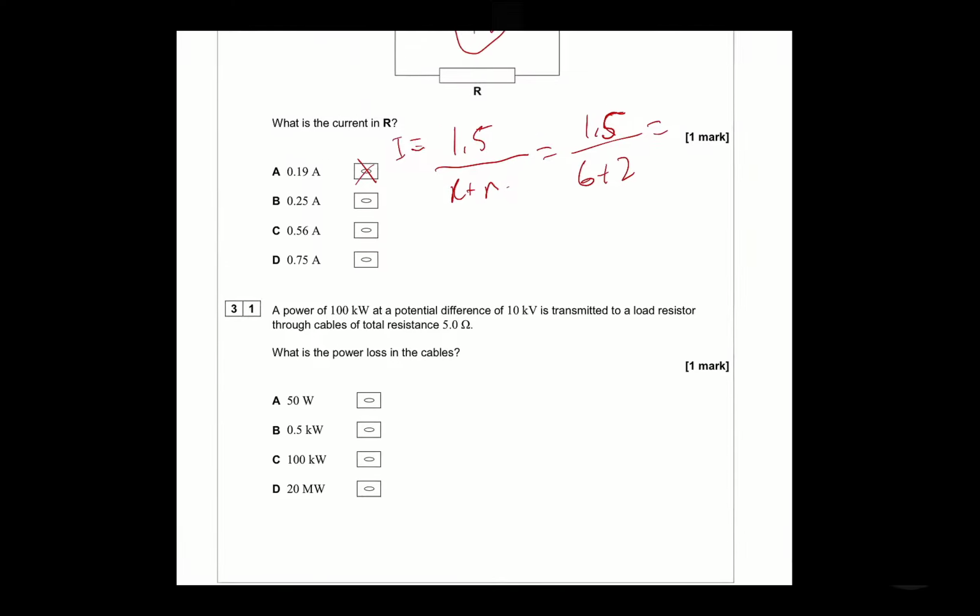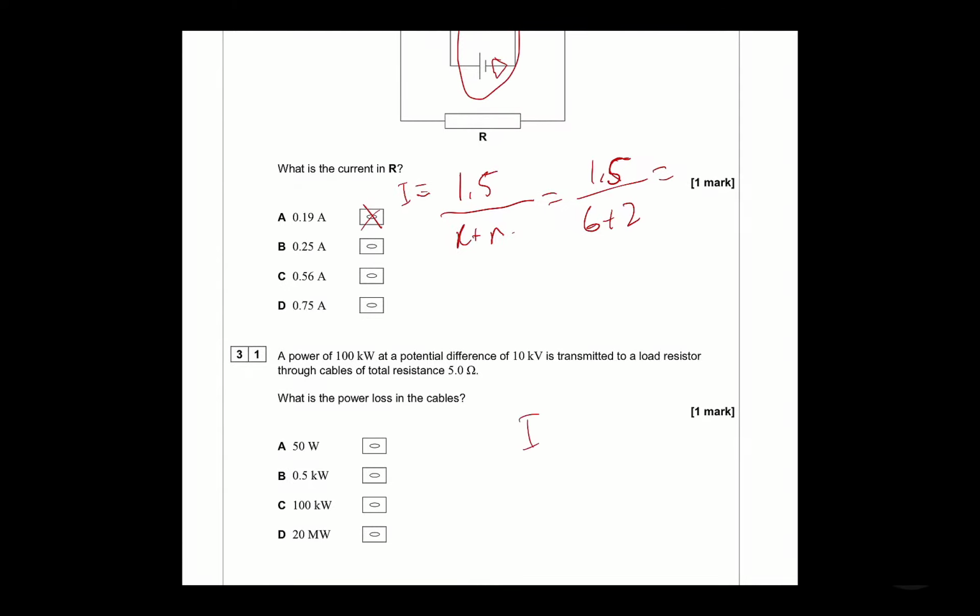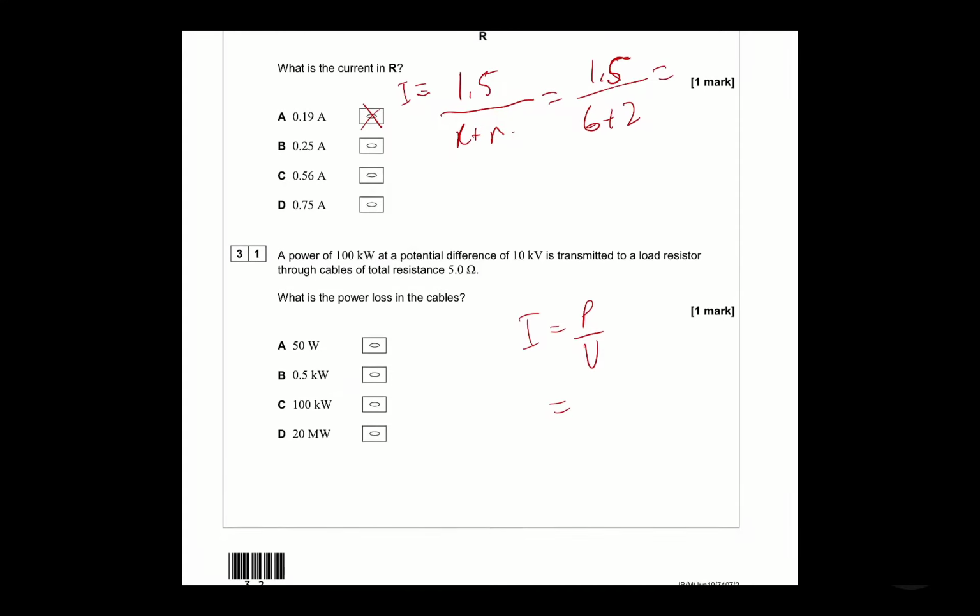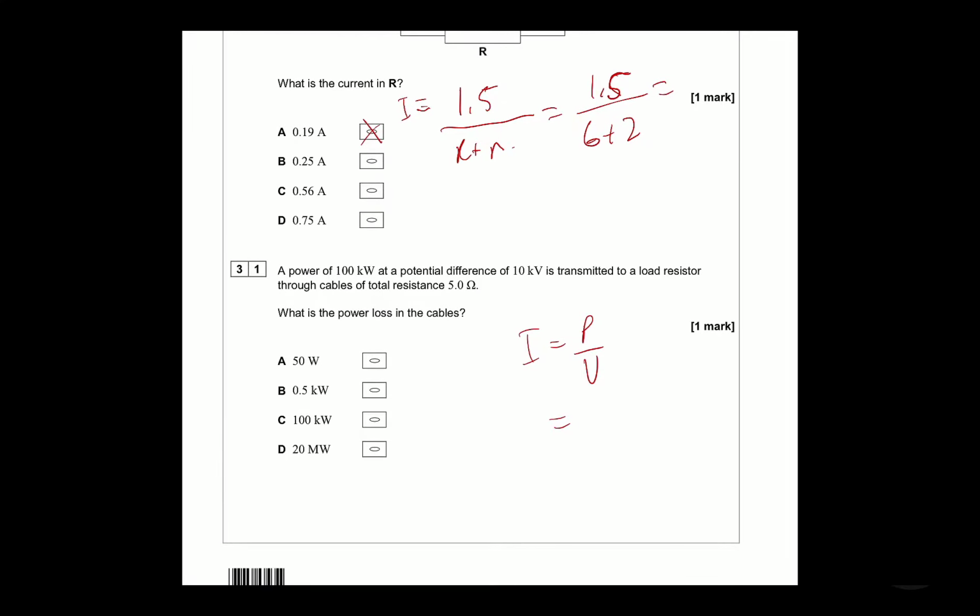So I need I. I is P divided by V, so it's 10 amps. Okay. I squared R, so 100 times 5, 500, 0.5 kilowatts.